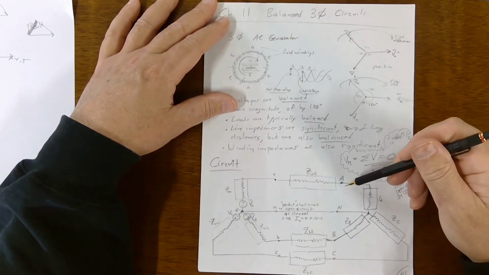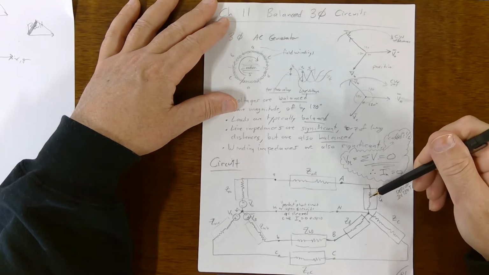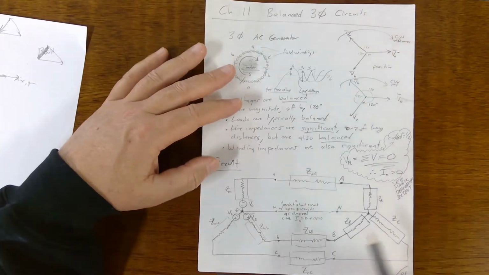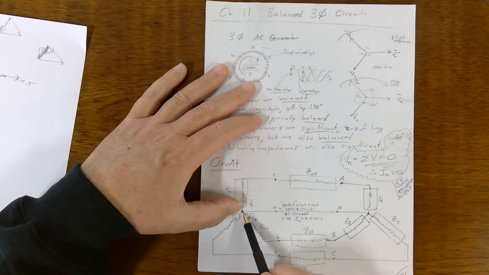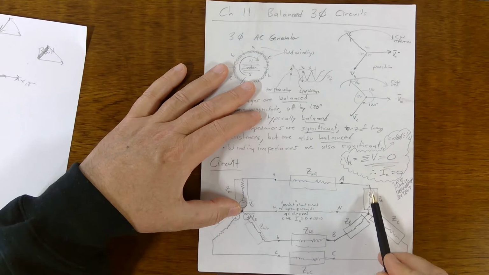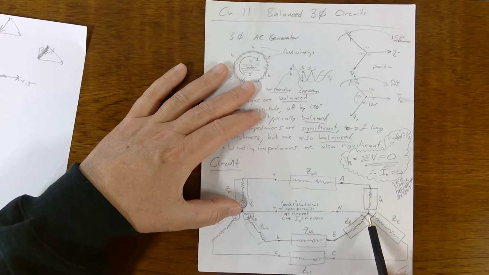Which is sort of saying that the current is getting back through the other phases, right? Like, let's start here. You've got VA, it's pushing current around through here and then down. And then we're saying that the voltage across here is 0, which it is. So there's no current in here.